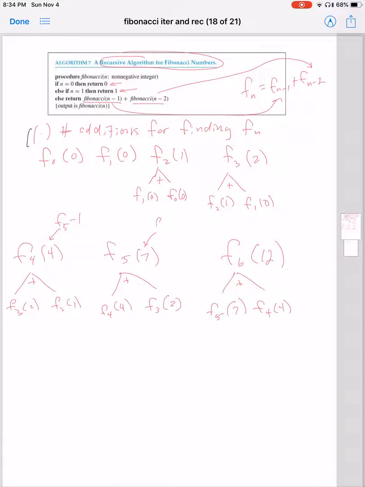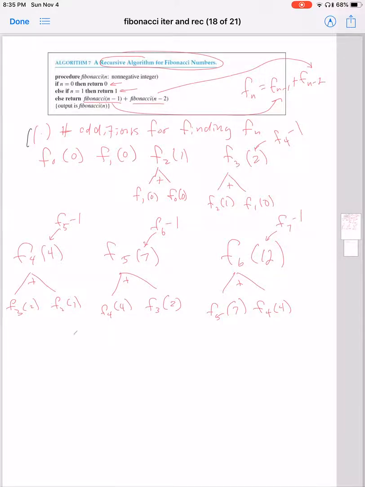Well, that's Fibonacci 6, which is 8, minus 1. And Fibonacci 6 requires 12 additions. Well, that's Fibonacci 7, which is 13, minus 1. And even up here, we'll do one more. Fibonacci 3 requires 2 additions. Well, that looks like Fibonacci 4, which is 3, minus 1.